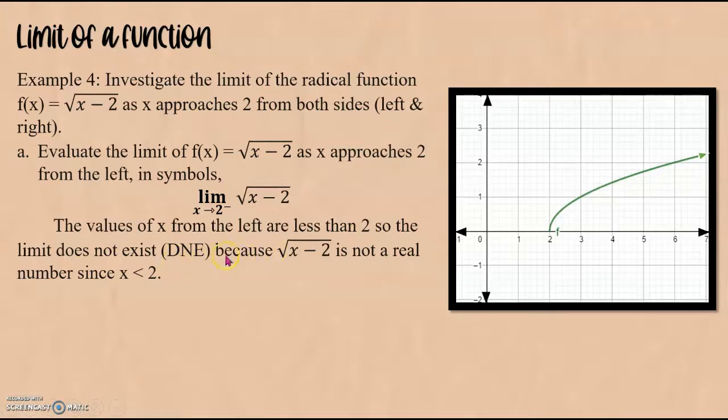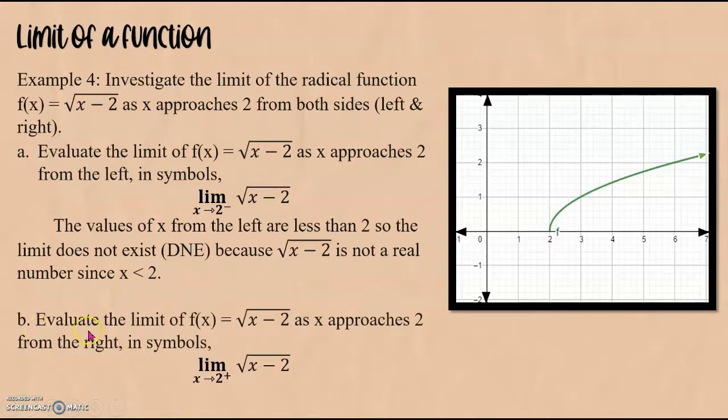When the limit does not exist, we will use DNE, because the square root of x minus 2, when x is less than 2, is not a real number.